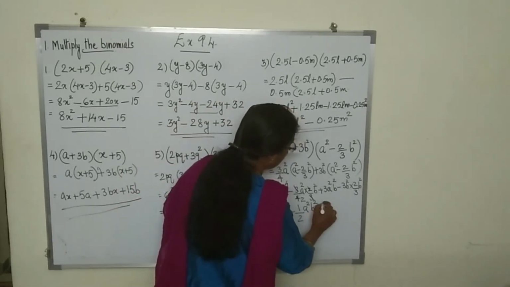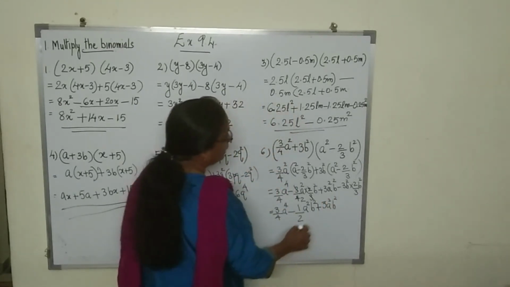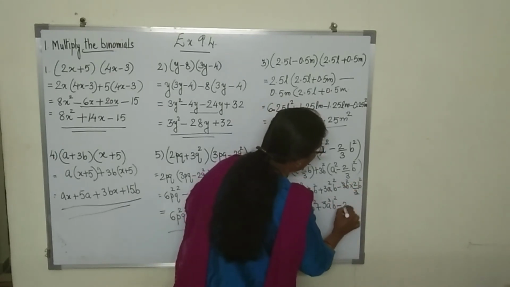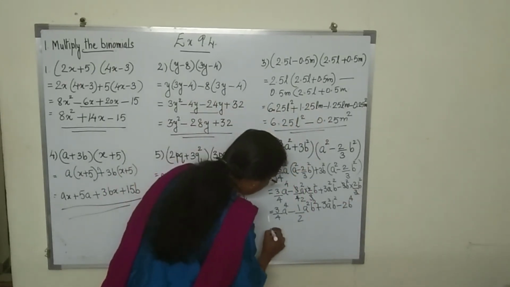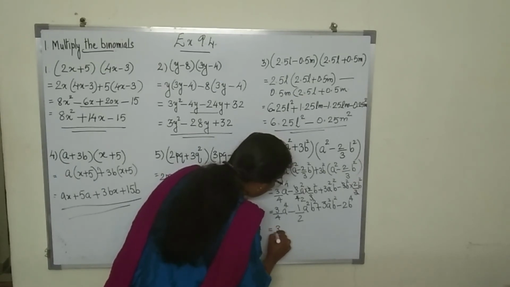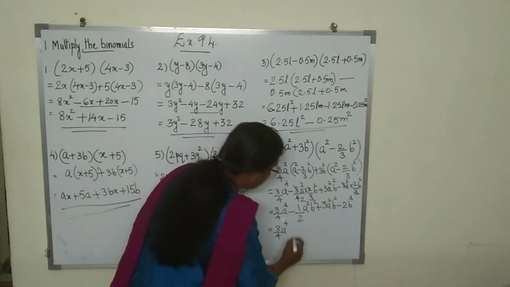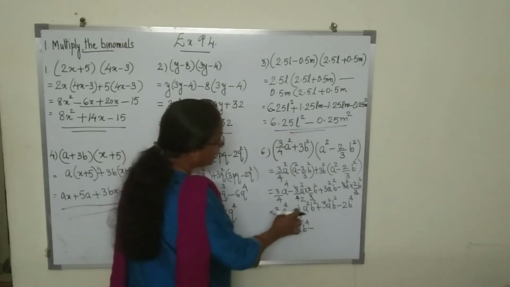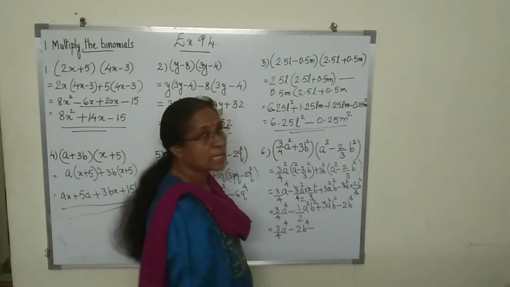Plus 3 a square b square. Again here 3 gets cancelled, so minus 2b raised to 4. So we get 3 by 4 a raised to 4, minus 2b raised to 4, and here a square b square, here also a square b square: 3 minus half.